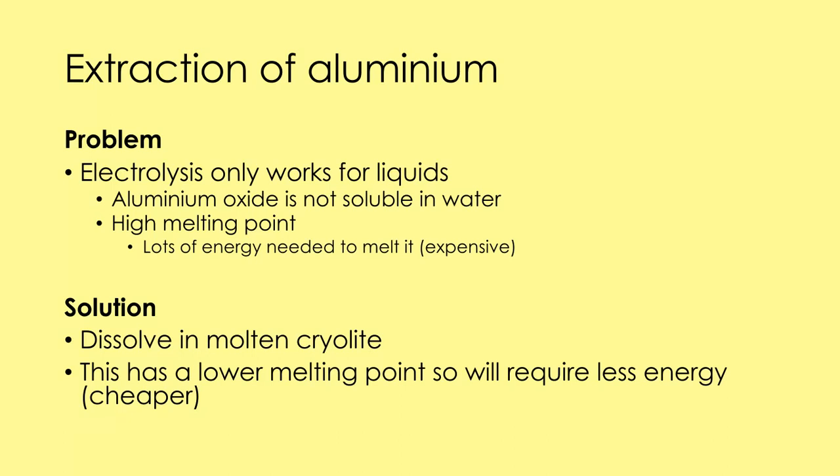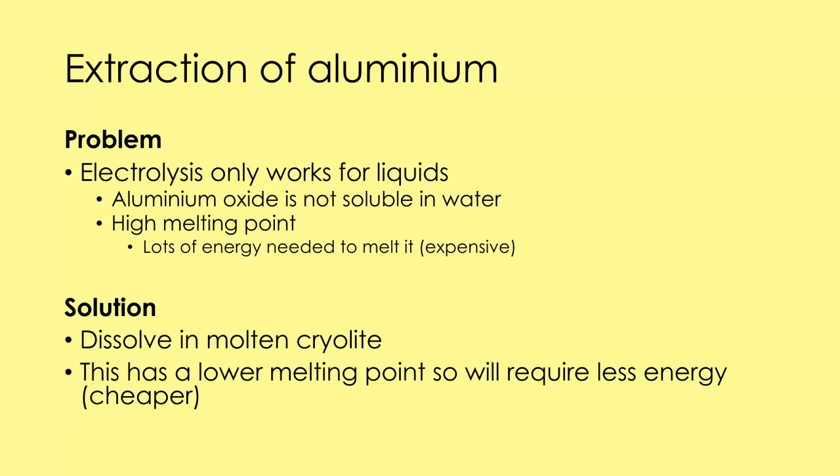In the lab, we've mostly talked about it being dissolved in water. We can't dissolve aluminium oxide in water because it's not soluble, and melting it is problematic because it's got a really high melting point, so we'd have to use lots of energy to melt it, and that's going to be expensive. It's also going to be really bad for the environment. So for both of those reasons, we want to reduce the amount of energy that we need to put in.